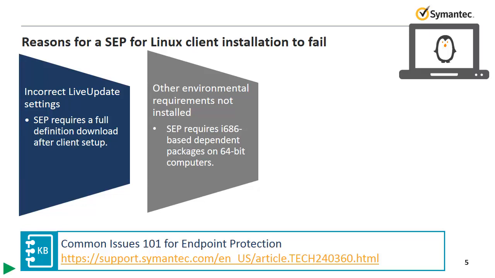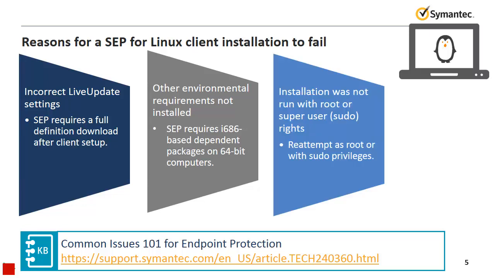Many of the executable files in the Linux client are 32-bit programs. You must install an i686 base-dependent package before installing the Linux client. Or the install failed to run due to lack of permissions. To resolve, reattempt as root or with sudo privileges.